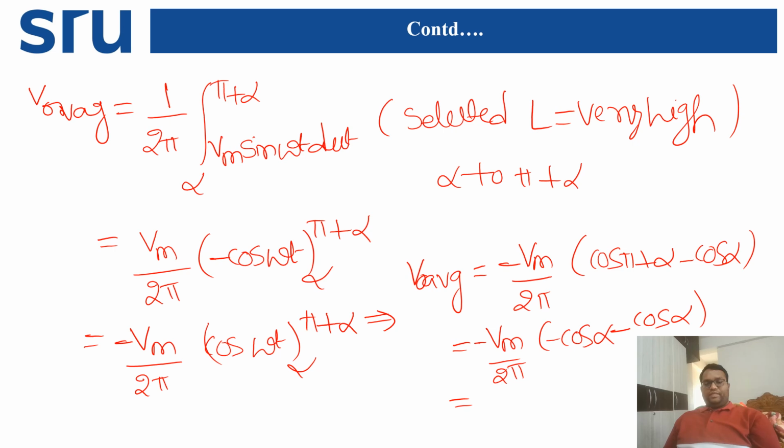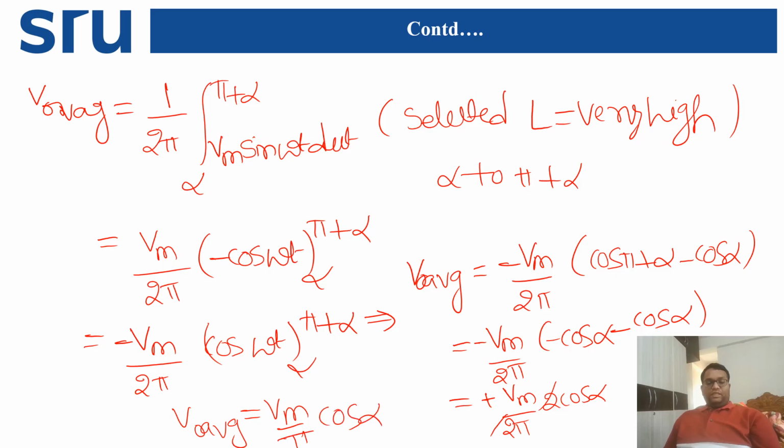Then how will it come here? If you apply it here, the minus will get cancelled. Vm by 2 pi times 2 cos alpha. The 2 will get cancelled. Finally, we will get V naught average equal to Vm by pi cos alpha.